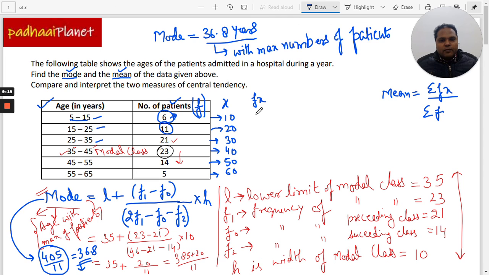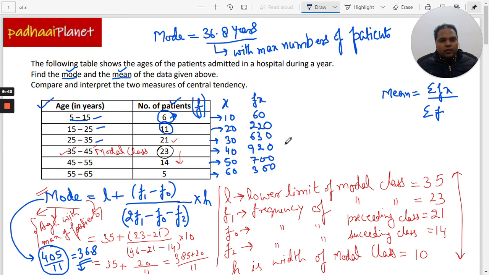Very simple, we are just going to multiply. So this is how it's going to come: this is 630, then 12 with 1 carry, and this is 920, this is 700, and this is 300.